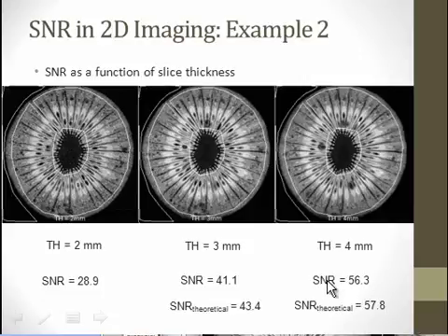That's just a quick check. For example, if this number was, say, 42, then we know either the thickness wasn't actually 4 millimeters when the scan occurred, or maybe there's some other imaging parameter that was not held constant between the 2 millimeter scan and the 4 millimeter scan. But it appears that worked correctly in this case.